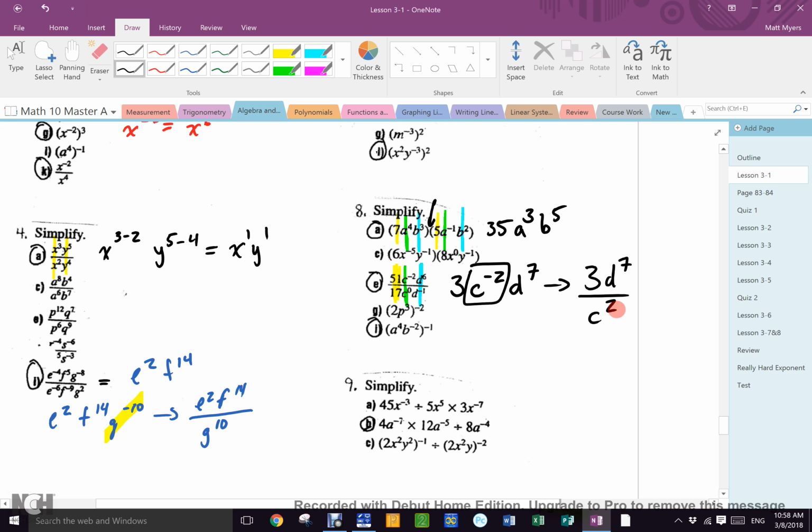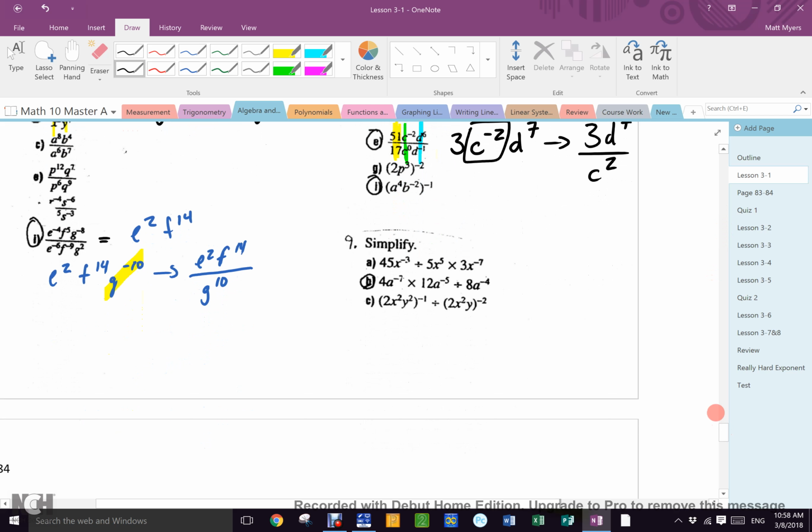Is everybody good? Okay. Let's have a look at B. Uh-oh, there's 2 operations. What do I do with the numbers first? 4 and 12. Absolutely, you multiply them. What is 4 times 12? 48. Then I've got to divide by 8.